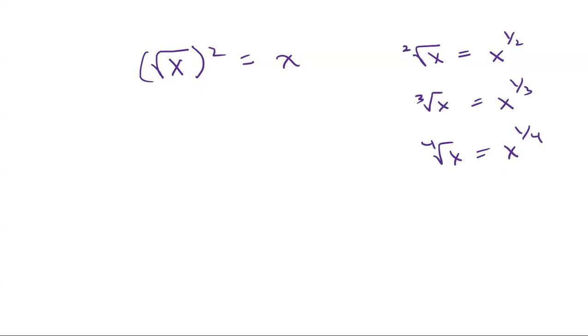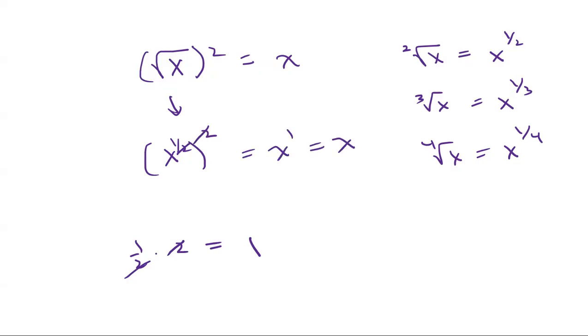So the reason why it works is because if I rewrite square root of x as x to the 1/2 power, then I raise it to a power of 2, a power to a power, we multiply. So 1/2 times 2 is just going to give us 1 because the 2's cancel. The 2's cancel, leaving us with x to the 1, or just x.